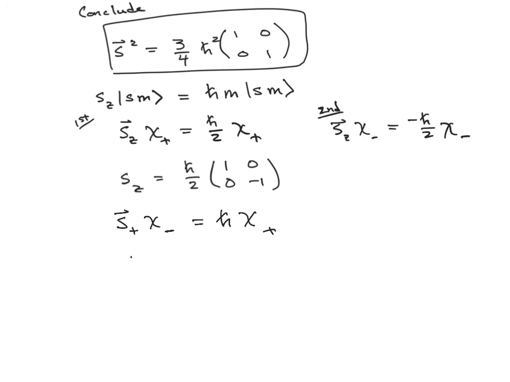Our up operator acting on our spin up should give us 0, and our down operator acting on our spin up should give us H bar and our spin down. Okay, so what does that say?